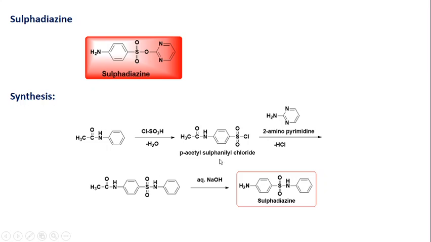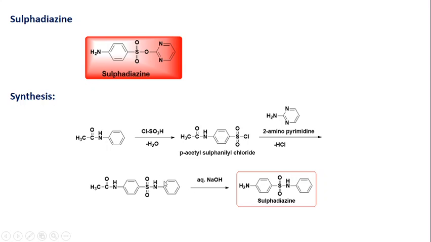This para-acetyl sulfanyl chloride, on treatment with 2-aminopyrimidine, the hydrogen from this NH and the chlorine from this sulfanyl chloride group get removed in the form of HCl, and we get this derivative, N-acetosulfadiazine.